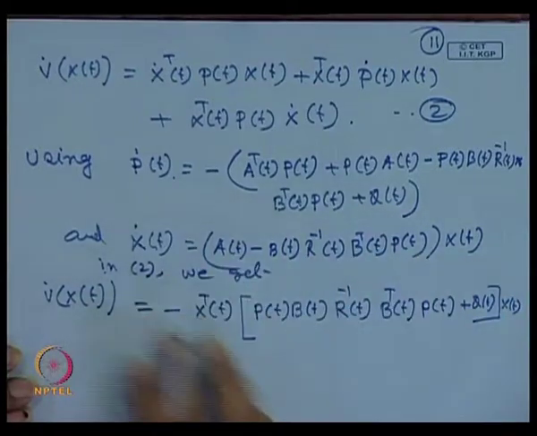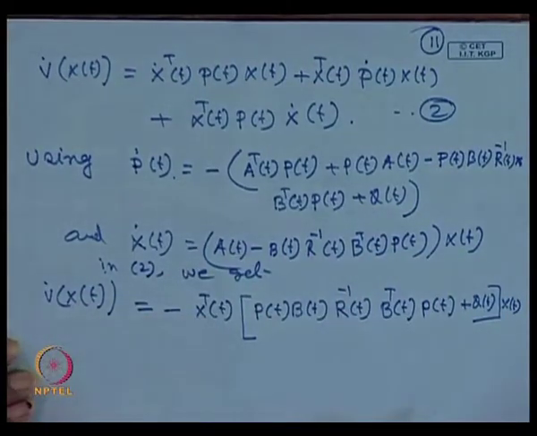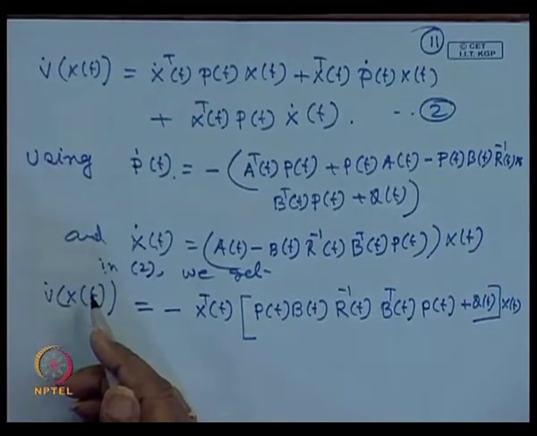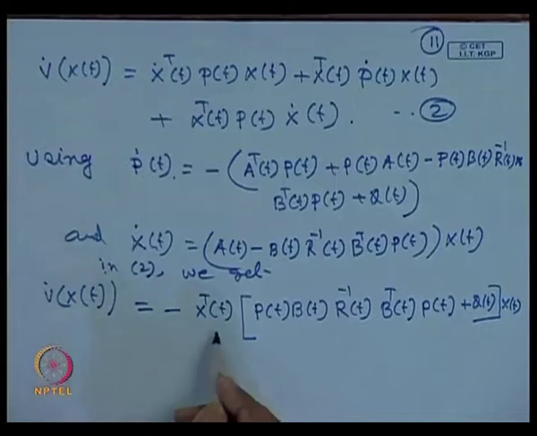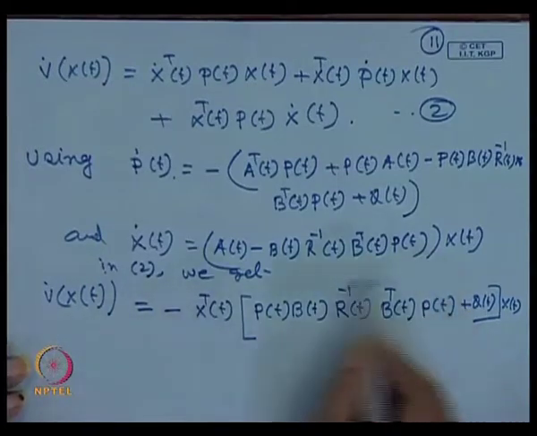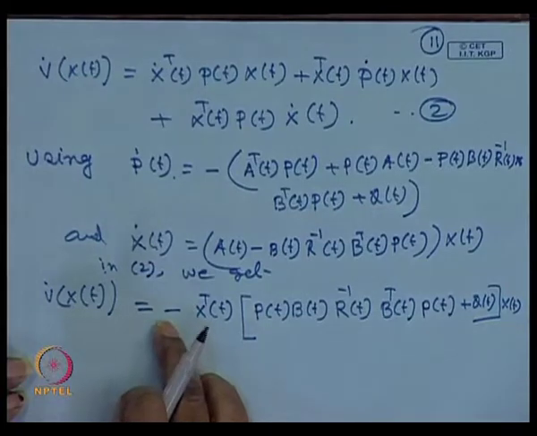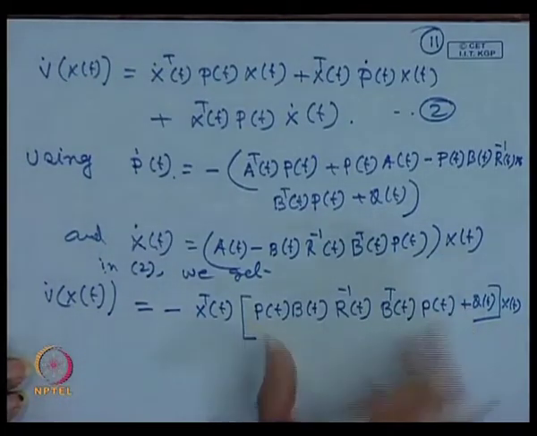This must be negative definite. If the system is stable, then V dot must be negative definite. In order for it to be negative definite, this term must be positive definite, because it is preceded by the minus sign.